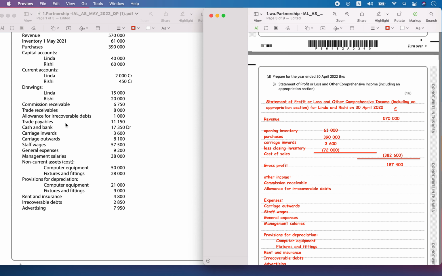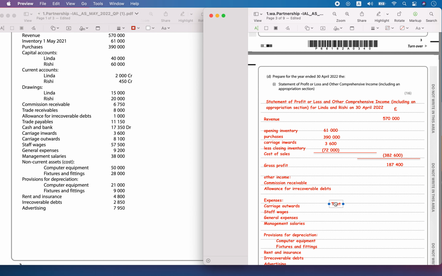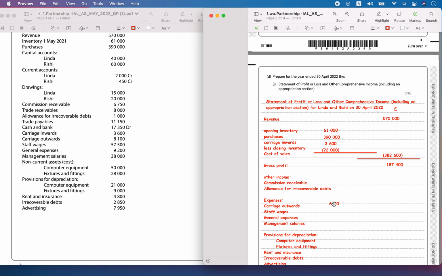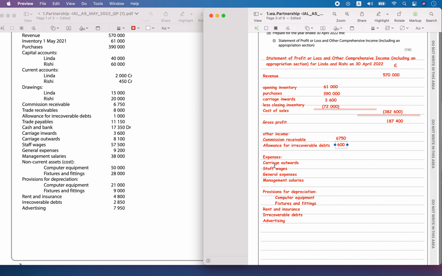Then we have the other income. Commission receivable was 6750. Then we have the staff wages 57,500. Then allowance for irrecoverable debt, we know that it decreased, and the decrease amount is 600. We calculated that earlier.